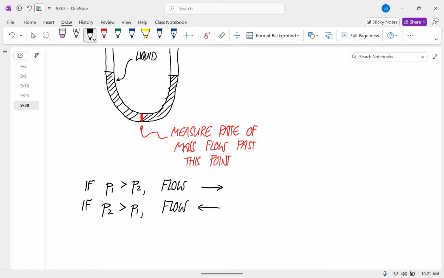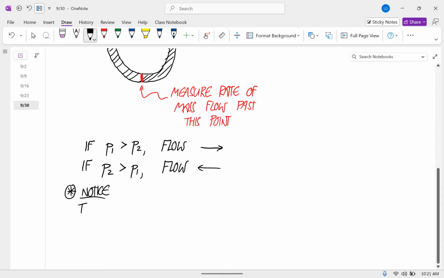Okay, so notice that those individual pressures are things you can measure.